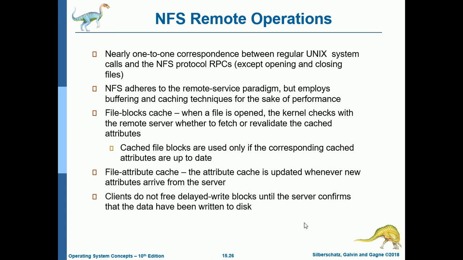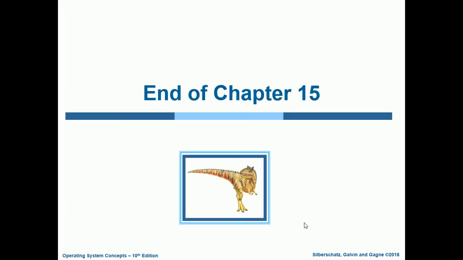And then we also have the file attribute cache. The attribute cache is updated whenever new attributes arrive from the server. Clients do not free delayed write blocks until the server confirms that the data have been written to the disk. So this ends the discussion for chapter 15, the file system internals.